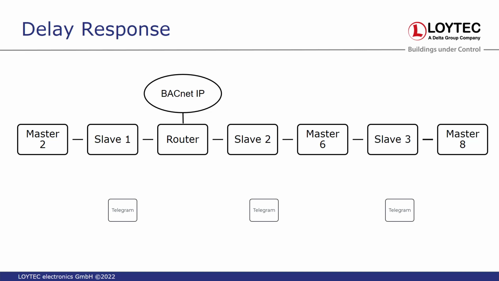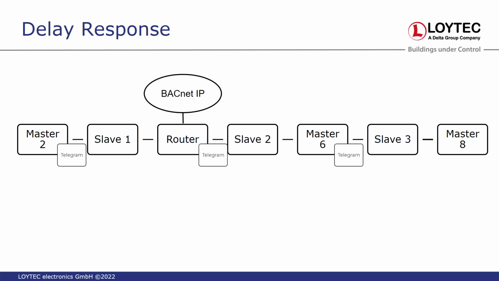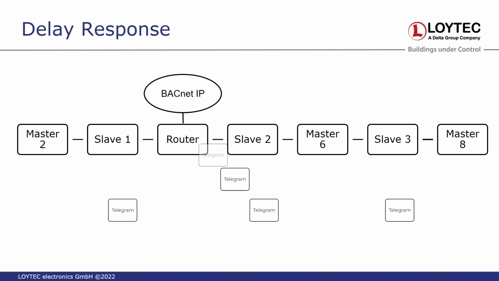So especially the scan can take quite long because of this. Maybe in that case it would help if you increase the max info frame number, because when you set it to like 10 or 20, then the links would send out 20 requests before it needs to pass on the token. That could help.